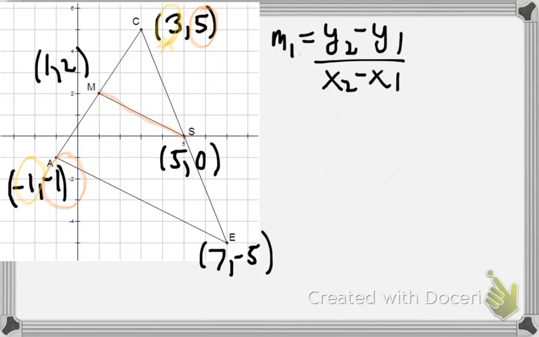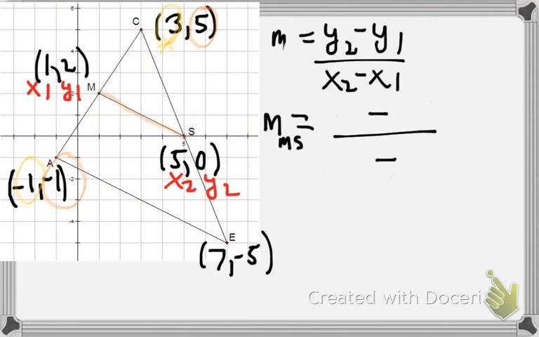Okay, and whatever you like, you can do whatever you want. If you want to, you can call this x1, y1, x2, y2, or you could reverse it. But I'm going to use it that way. And I recommended that you write it out in black without any signs. Okay. So this is the slope of M to S. We're just going to put the minus signs in.